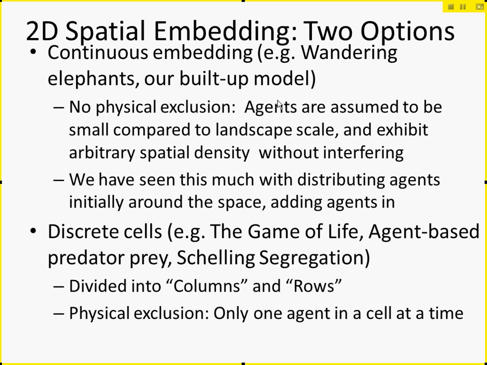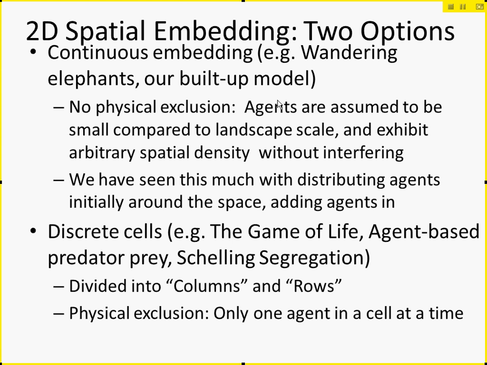Now, your model can impose logic whereby agents that come within a certain distance of each other interact in some way. They may collide, they may transmit infection or what have you, but that's not built in. The notion of contact isn't built into the continuous environment. Agents can be right next to each other, and there's no problem with that. And there are a number of models provided with AnyLogic, which I can provide you, which illustrate this.